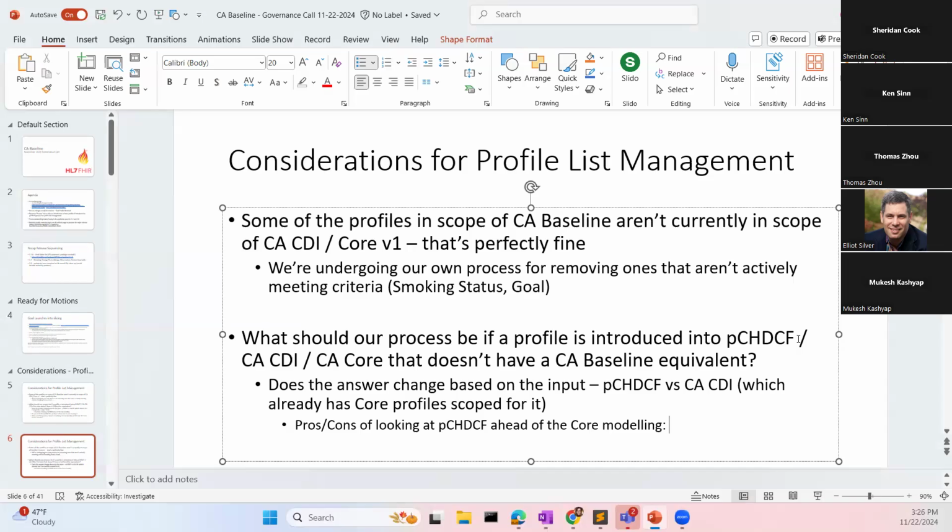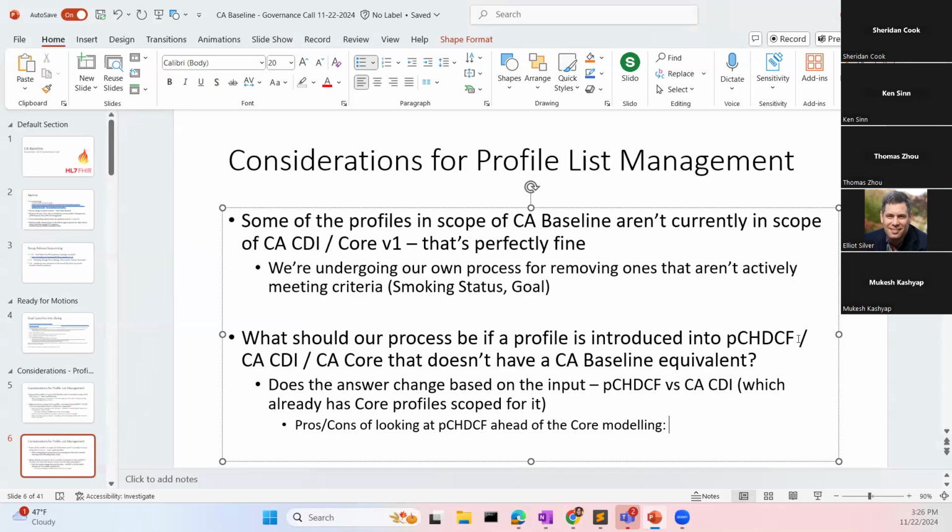Stepping back a little bit, the PCH DCF and CACDI are targeting, if not particular use cases, then particular environments. And I think we had said we want to be more use case agnostic.